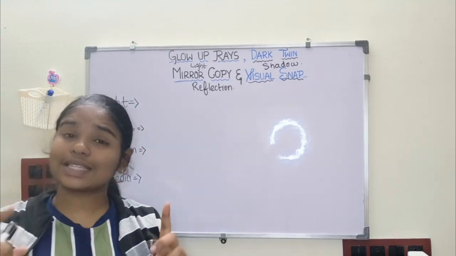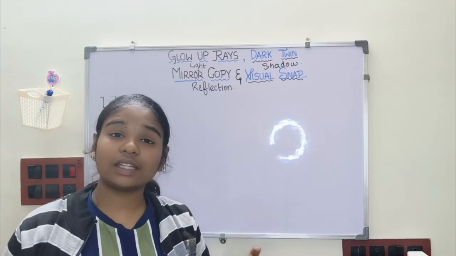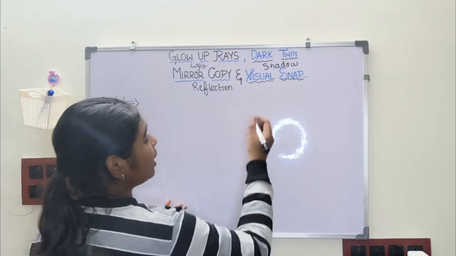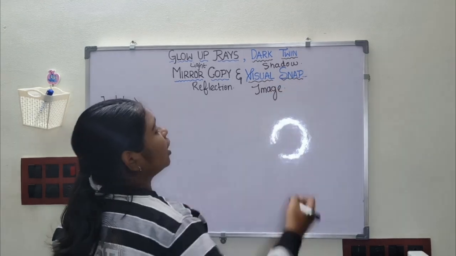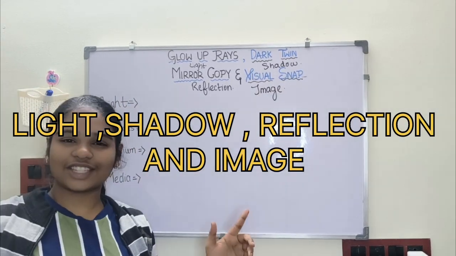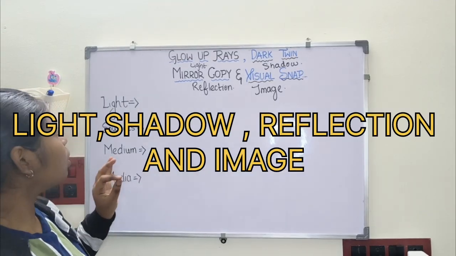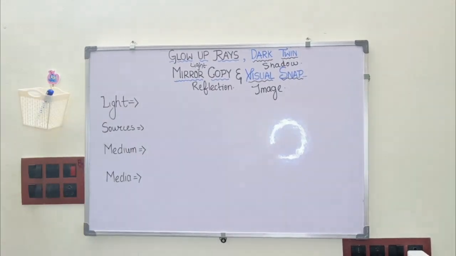And visual snap. What you take in the camera is a snap. That is nothing but an image. So we are going to cover light, shadow, reflection and image. Let us see what we are going to learn in this chapter.